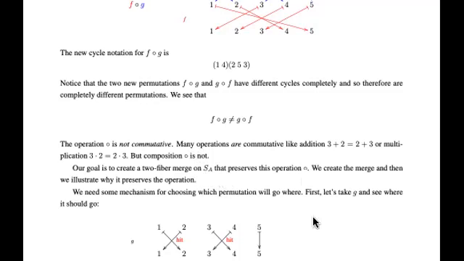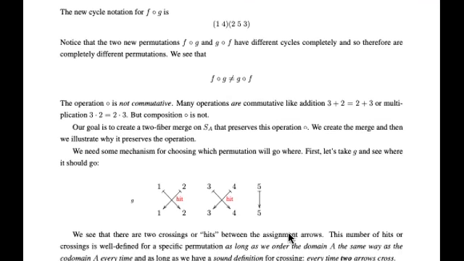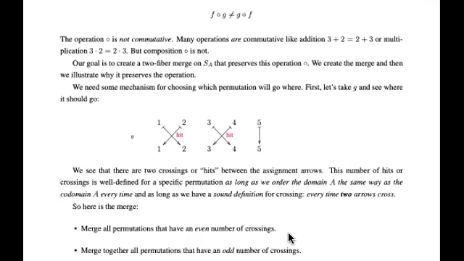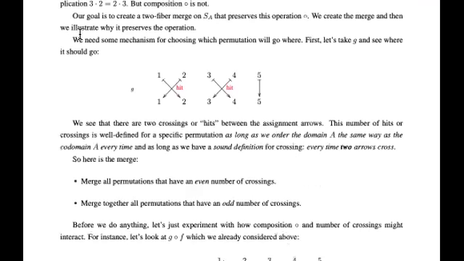So we're going to create a merge, and then we're going to discuss why it preserves this operation of composing. Okay. As we say here, we need some kind of mechanism for choosing which permutations will go where in the merge, which ones will be chunked with which other ones.